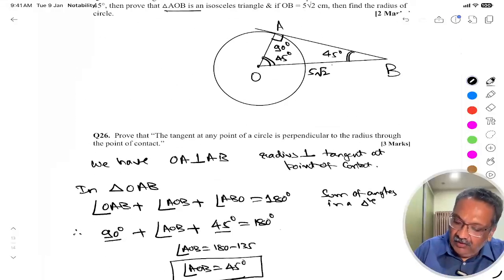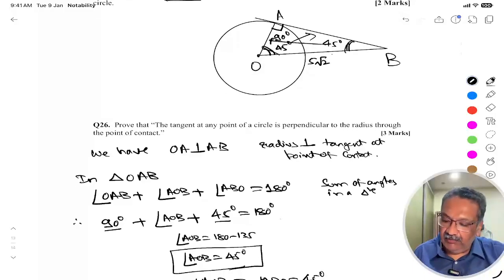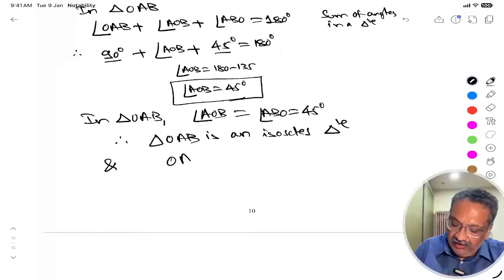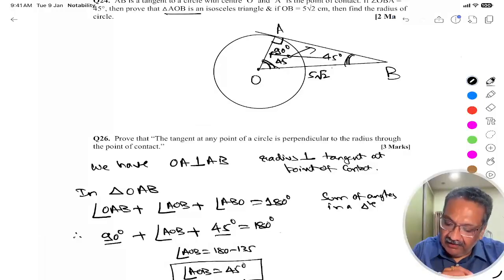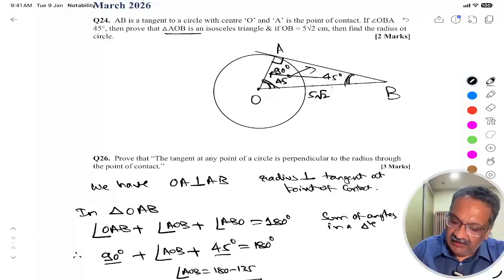And the sides opposite these 45 degree angles will be equal. That is OA will be equal to AB. Further, they have asked for the radius of the circle. Radius of the circle is nothing but OA.